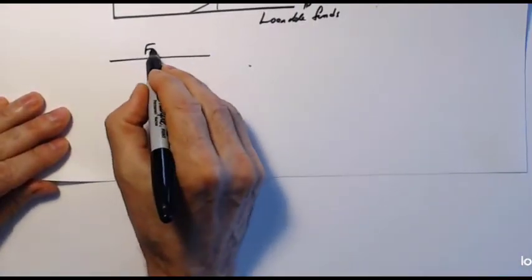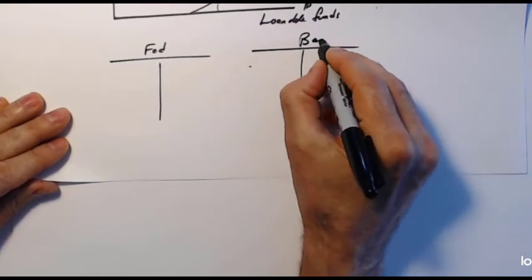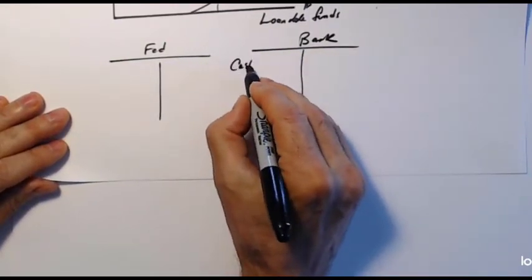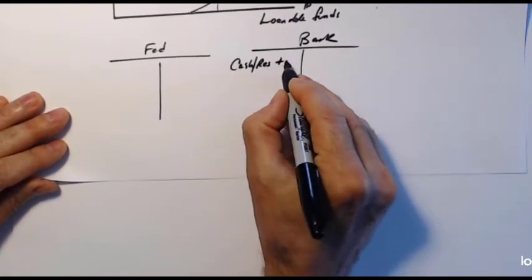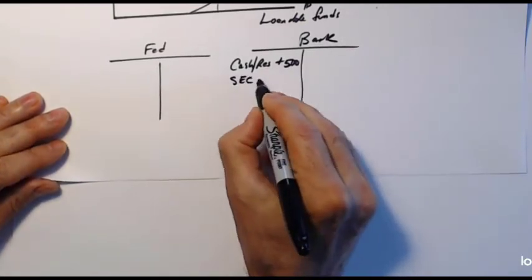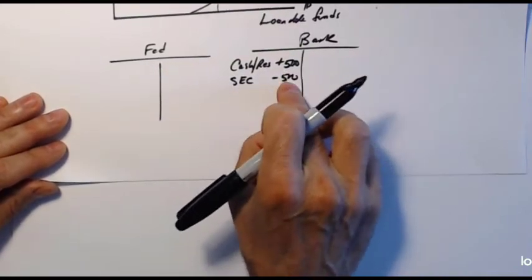You've got the Fed, and you've got a bank, and the bank will get cash slash reserves of, let's say, $500 for these securities, and $500 will come off the bank's books for securities.